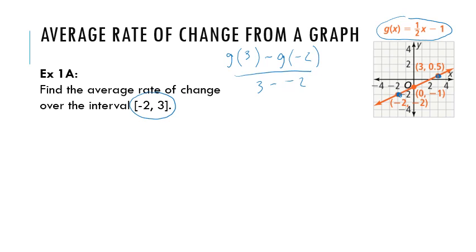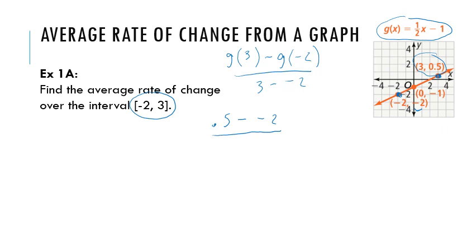And when we're given a graph, we're welcome to pull those values directly from the graph. So g of 3, we're looking at the y value when x equals 3, and it's 1/2, 0.5 there. So 0.5 minus g of -2; when I go to -2, the y value is -2. So 0.5 minus -2 over, and I'll simplify the denominator, 3 minus -2.